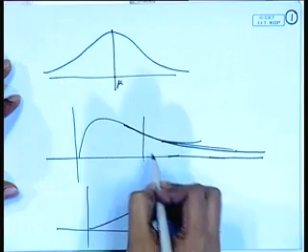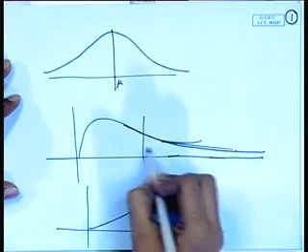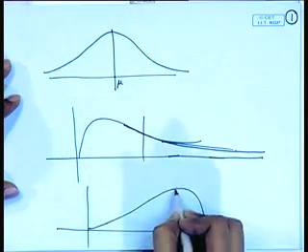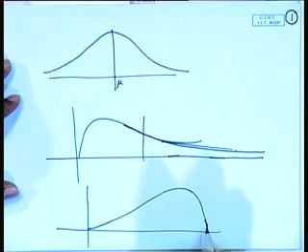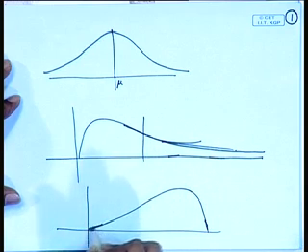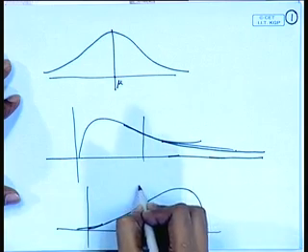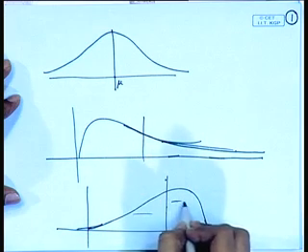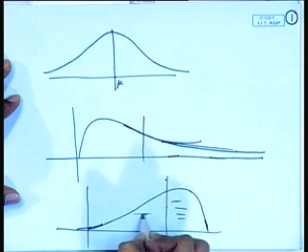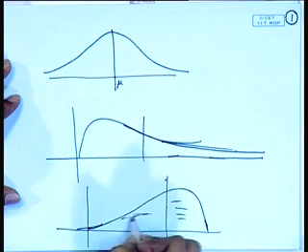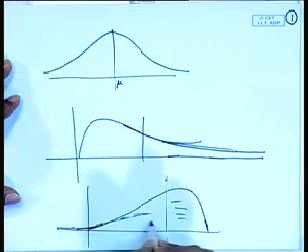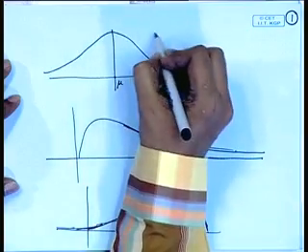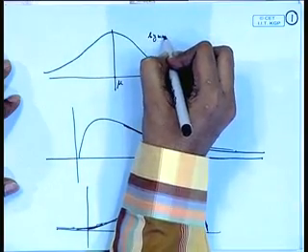That means there is a long tail to the right of the mean of the distribution. Whereas, if we look at the third curve here, then there is a long tail to the left, and that means there is more concentration of values on the right side and there is a large variation towards the left of the mean.